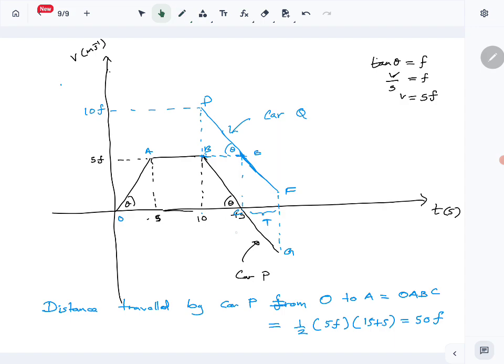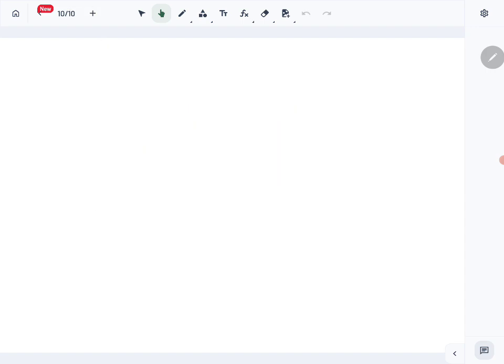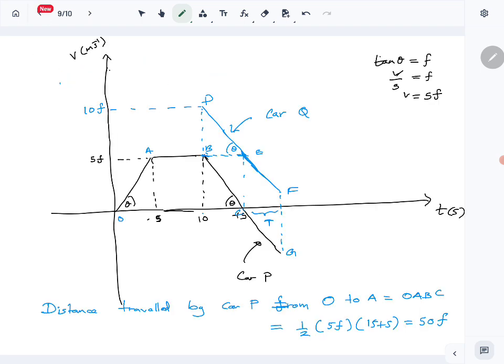Then from 10 seconds to 15 seconds, car Q has traveled some distance also. Right. So we'll figure out that distance next. From 10 seconds to 15 seconds, how much has car Q traveled? So that is given by, let's say this is H, that is given by D, this area DECH.